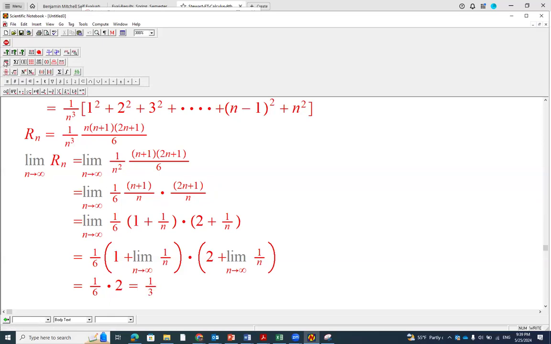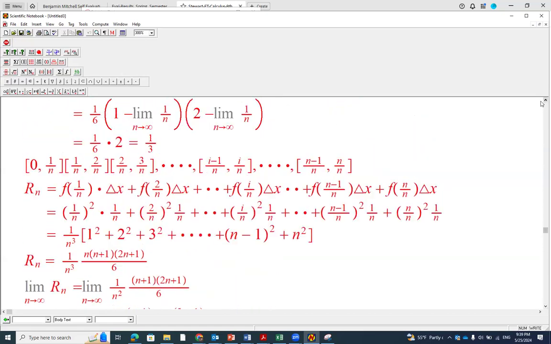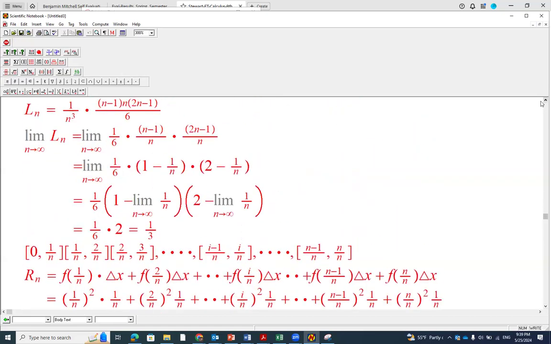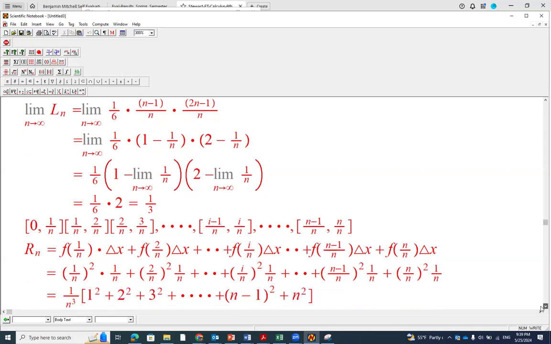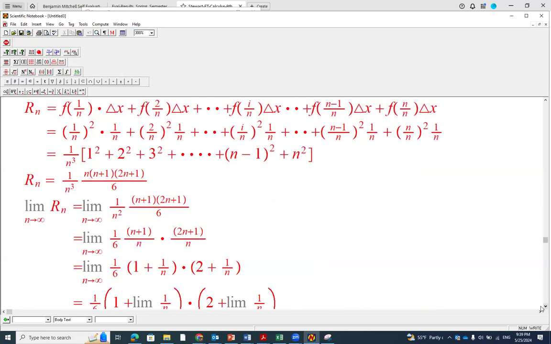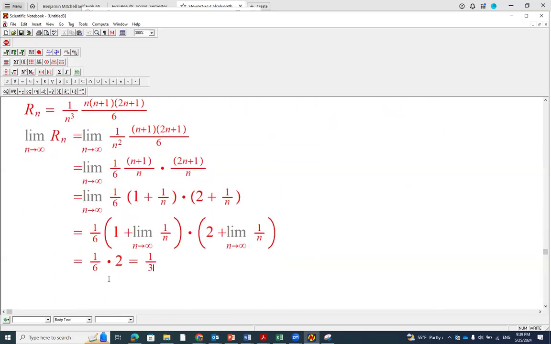So this process from the beginning to this point has illustrated that these two limits give us the same area underneath the curve. The approximation from the left using left endpoints, or the approximation using the right endpoints, in the limit gave us the same limit.